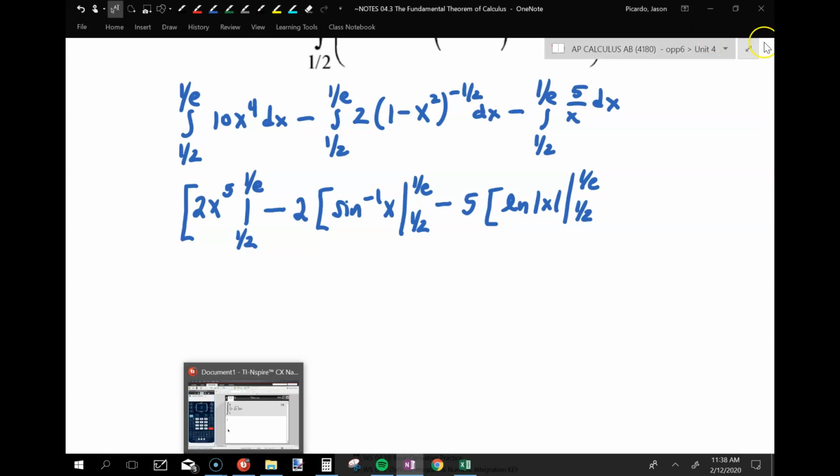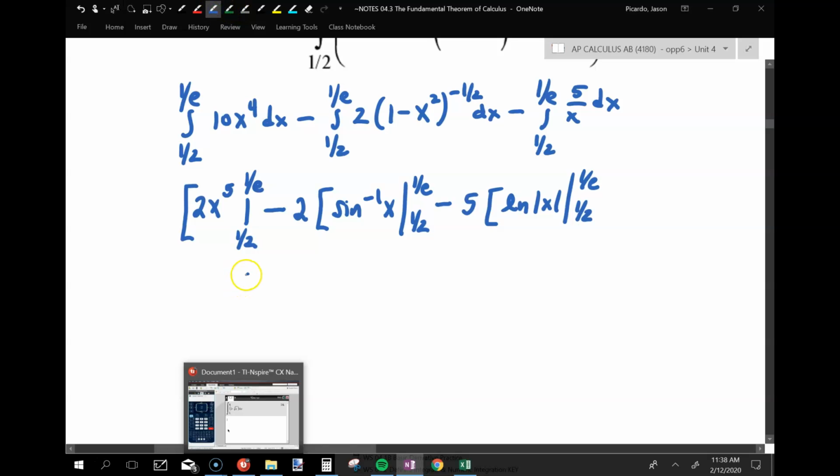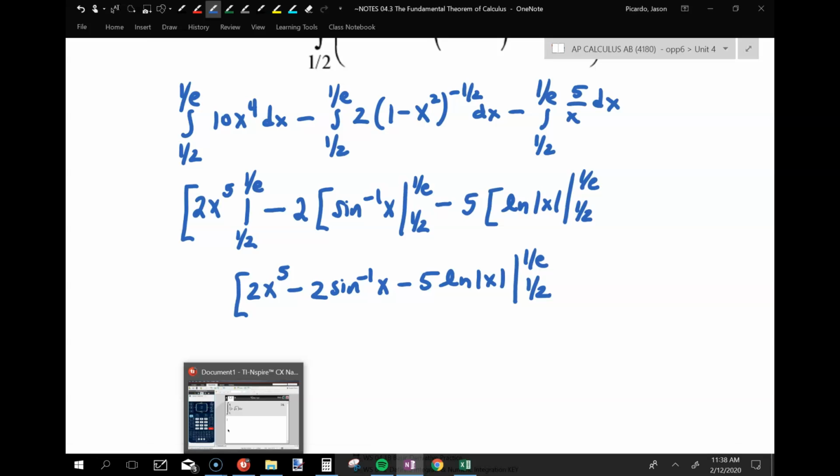Actually, before I do it, let's rewrite it as the equivalent. All right. So there's the equivalent. And now we're going to pop these things in.